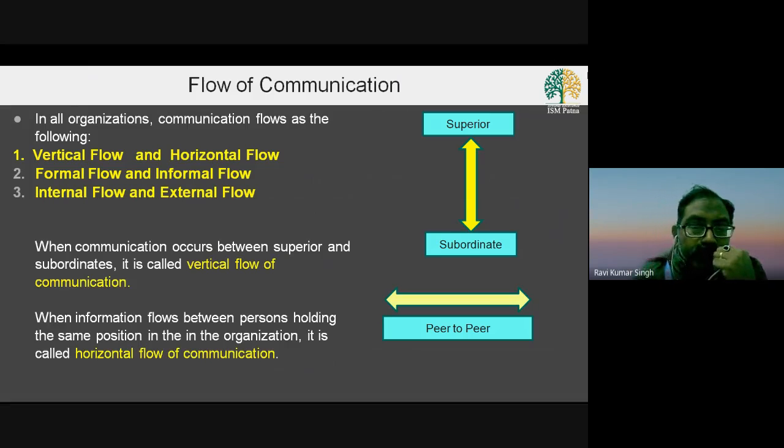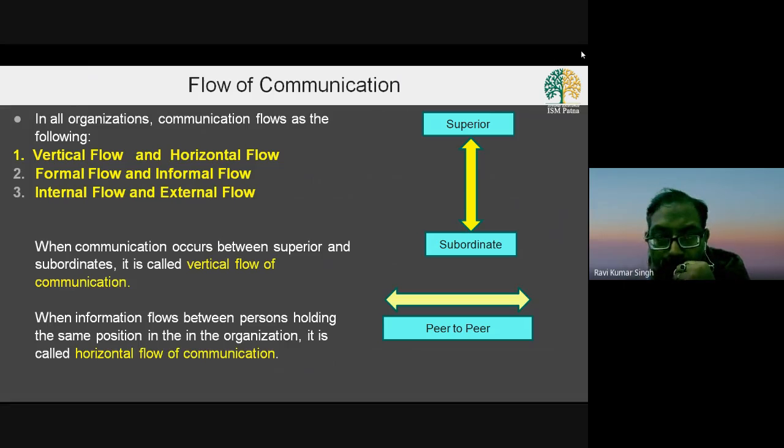So, what is this vertical flow and horizontal flow? The vertical flow means when the communication occurs between the superior and the subordinate, bosses and subordinate, it is called vertical flow of communication.